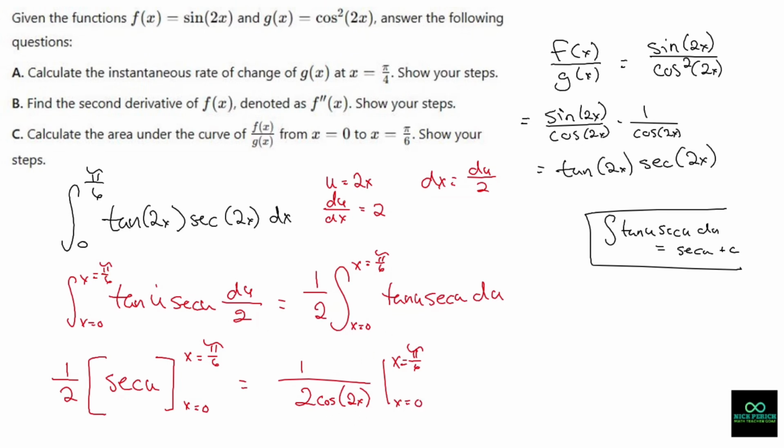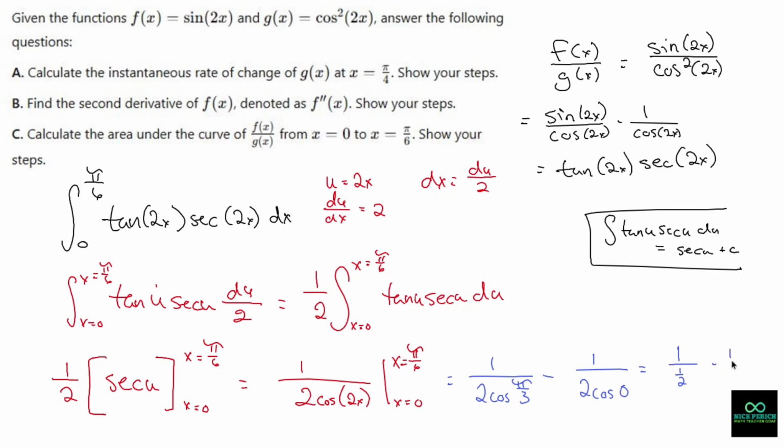So I'm going to write it out like that. Now I'm going to plug in pi over 6. So 1 over 2 cos, 2 times pi over 6 is pi over 3, and I'm going to subtract me plugging in 0: 1 over 2 cos, 2 times 0 is 0, so cos 0. Cosine of pi over 3 is 1/2, and cosine of 0 is 1.